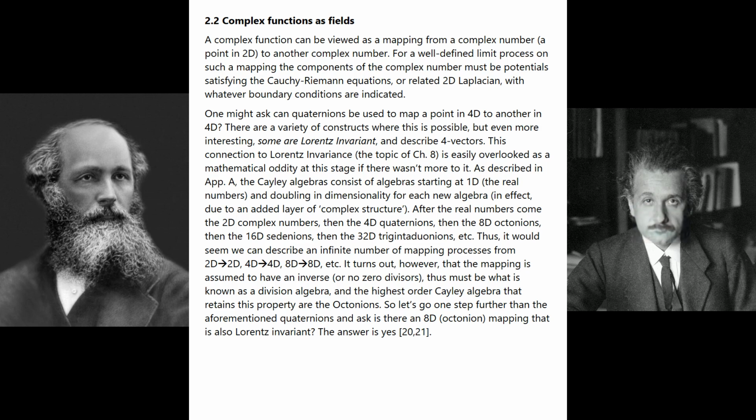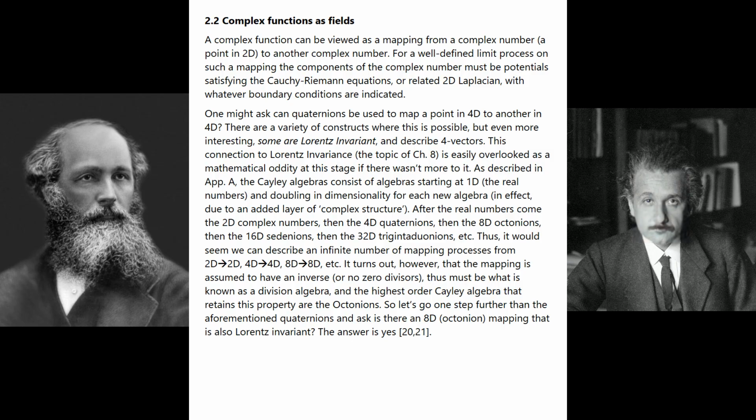2.2 Complex functions as fields. A complex function can be viewed as a mapping from a complex number, a point in 2D, to another complex number. For a well-defined limit process on such a mapping, the components of the complex number must be potentials satisfying the Cauchy-Riemann equations, or related 2D Laplacian, with whatever boundary conditions are indicated.